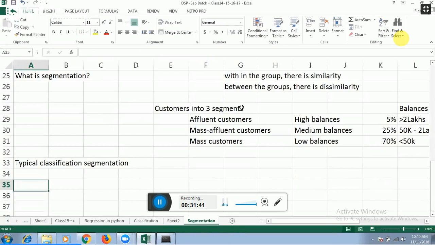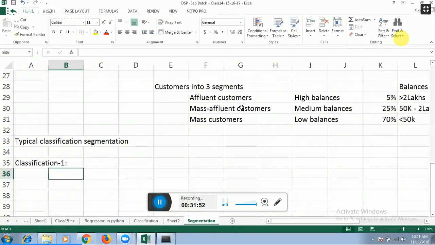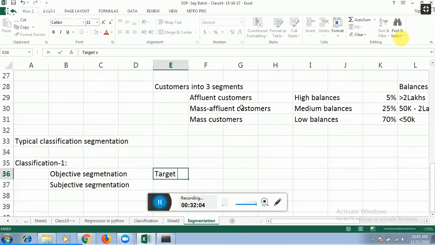But I'm saying that, maybe classification 1: there are 2 types of segmentation. One is objective segmentation, one is subjective segmentation. Objective segmentation is when you have a target variable, and subjective segmentation is when there is no target variable.